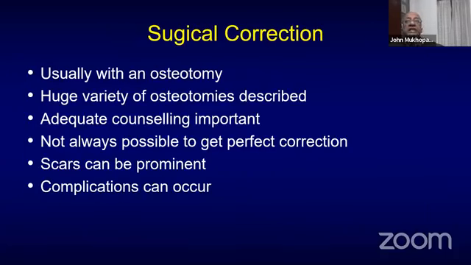Now, for the surgical correction, once you've done your clinical assessment, you've counseled the parents. Usually these are children, so it's the parents, but if you're doing it in adulthood, then obviously you need to counsel the patient. Remember, there's a huge variety of osteotomies described, and therefore it is a sign that none of these are absolutely satisfactory.